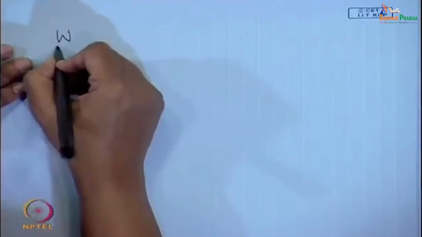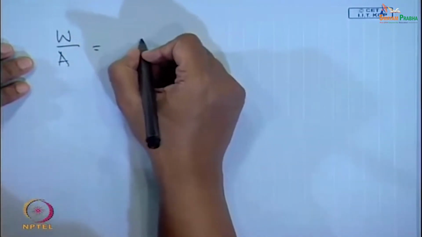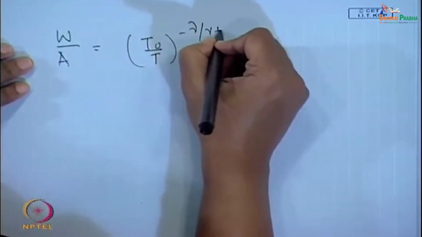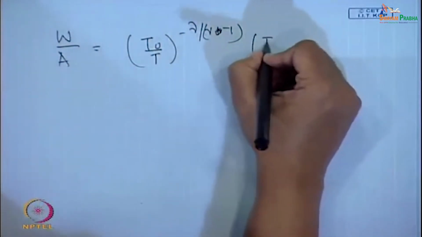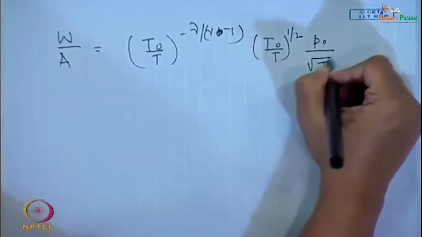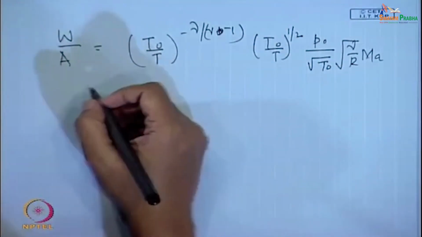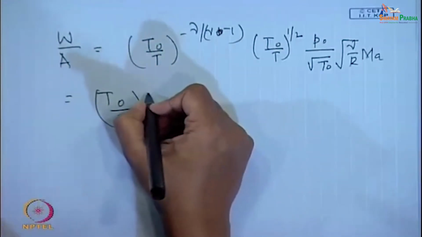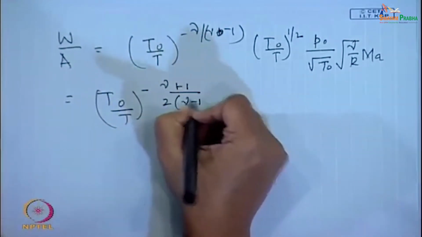We get W by A equal to, in that particular case, T 0 by T, instead of P 0 by P I am writing gamma by gamma minus 1, okay, and T 0 by T whole to the power half, P 0 by root over T 0, root gamma by R into M A, okay, and then I can write this as T 0 by T whole to the power minus of gamma plus 1 by 2 into gamma minus 1.